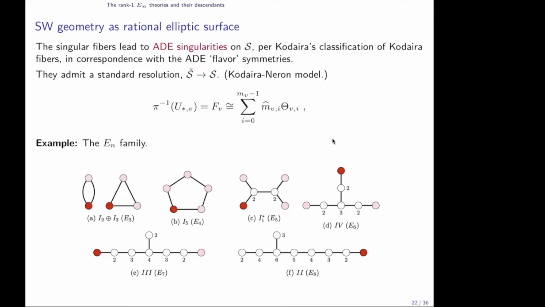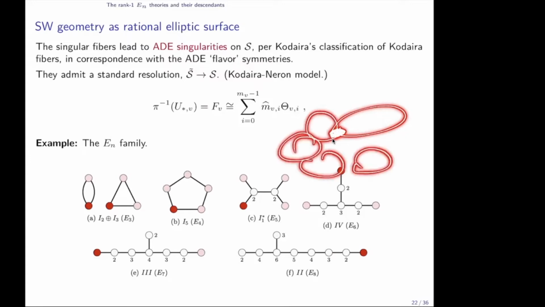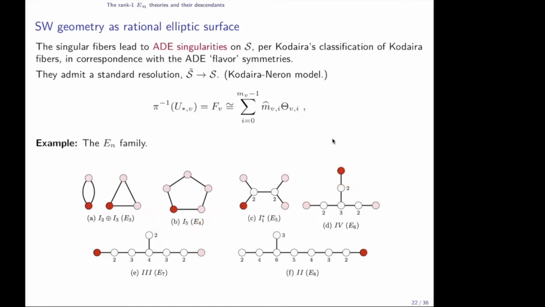Such an ADE singularity admits a standard resolution where you have essentially a nodal curve from the pinch, various types of singular curves, P^1s, when you pinch a torus, and then you will resolve that in a given way, for instance, like this, that will give, for instance, the I5 Dynkin diagram. Here it's a resolved P^1 in the elliptic fibration, in the fiber of the elliptic fibration. So you would resolve that, that will be the usual Kodaira model of the rational elliptic surface.